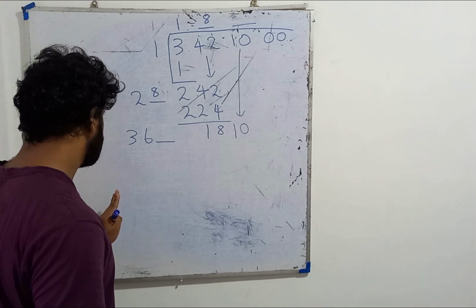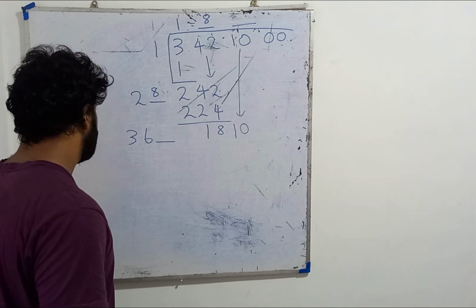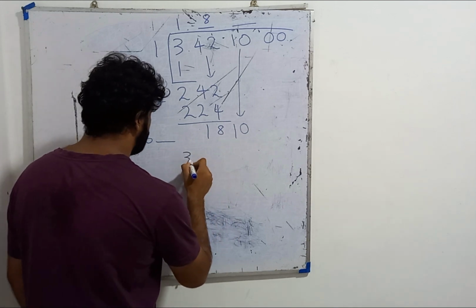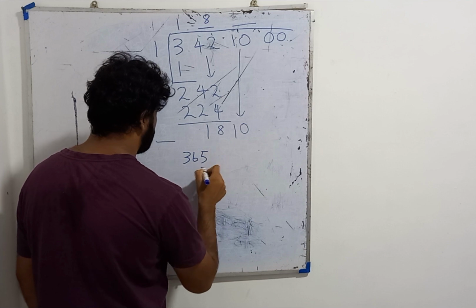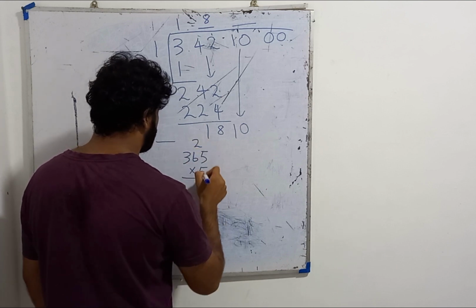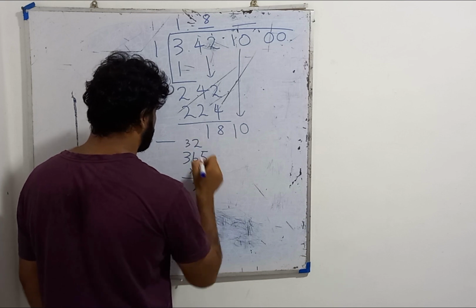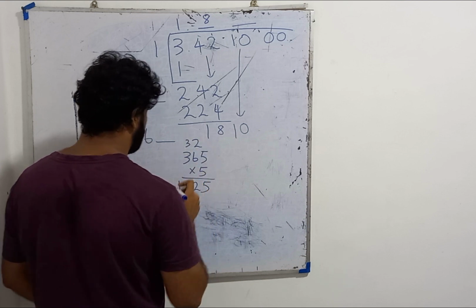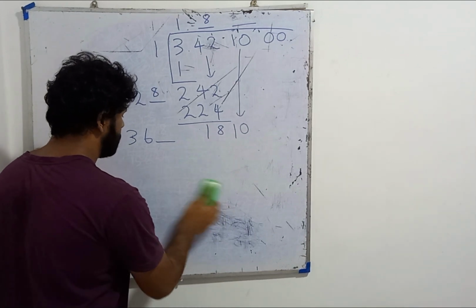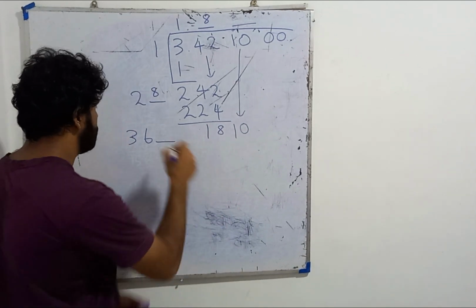Then here, what about 5? You can't add 5, right? You can't add 5, then you have to add 4, right? You have to add 4.